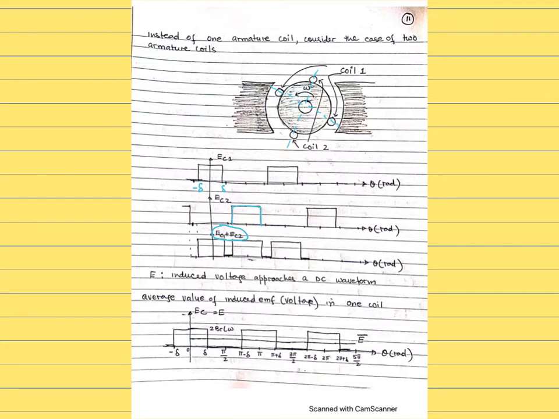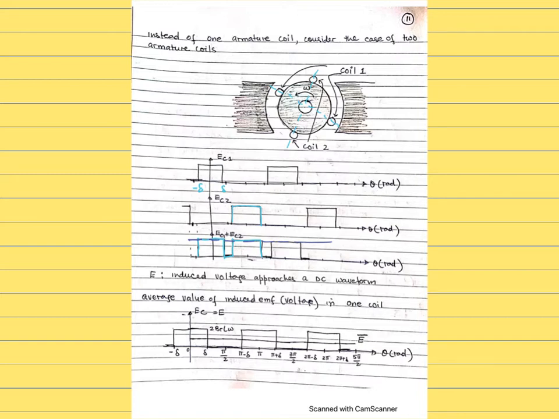So you can see that it has started approaching more of a DC voltage, right? Because in the DC voltage, this is what we're expecting, something like this. It's not only two coils, it's many of them. So that's why from the DC generator, you're going to have a constant DC voltage produced.